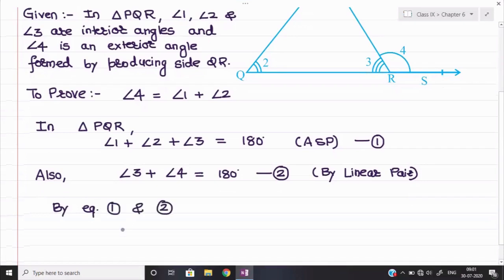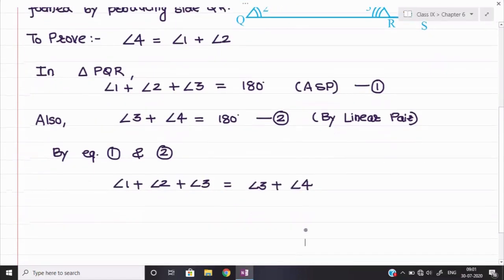What is the left hand side of equation number 1? That is angle 1 plus angle 2 plus angle 3. And what is the left hand side of equation number 2? That is angle 3 plus angle 4. Observe here angle 3 is the same on both sides. So angle 3 and angle 3 will cancel.